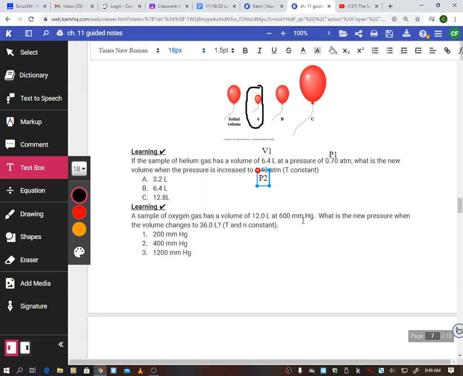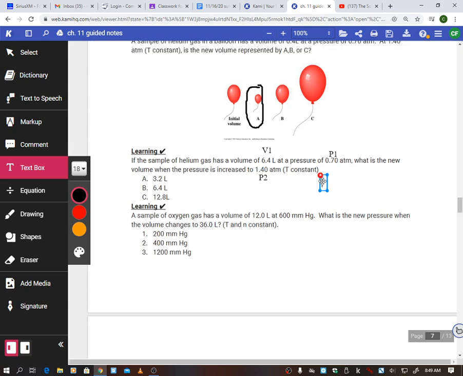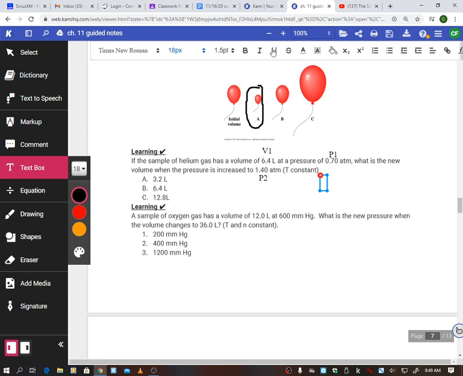This is P2, so I need V2. So what I'm going to do is say, okay, 6.4 times 0.70 equals 1.4 times V2.